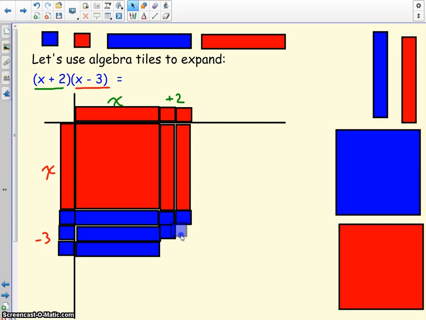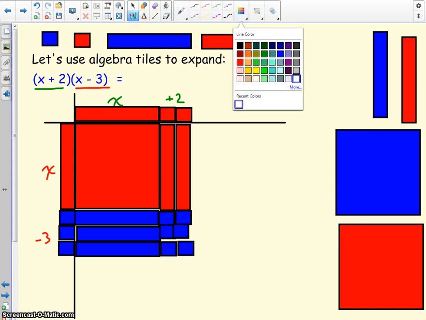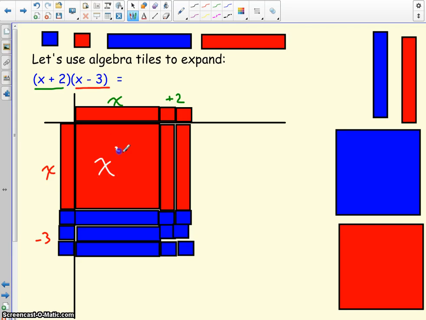Now that we've done the multiplication, let's see what our overall result is. In the middle we have x squared, here 2x, -3x, and -6. Altogether, I have x squared, 2x minus 3x.